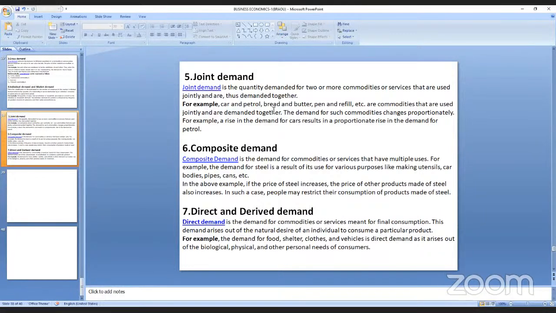So these all are commodities that we use jointly. And the demand for such commodities changes proportionately. When the demand for a car rises, it results in demand for petrol. Is it clear?